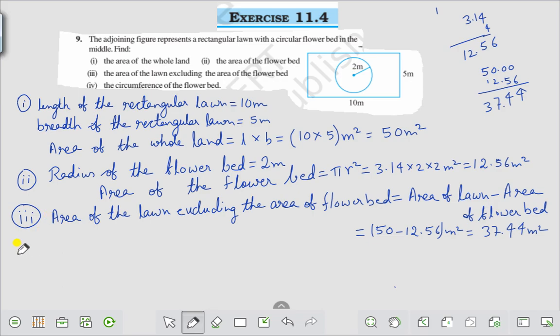And next one, question number 4, is the circumference of the flower bed.